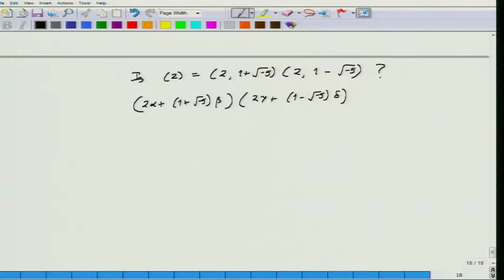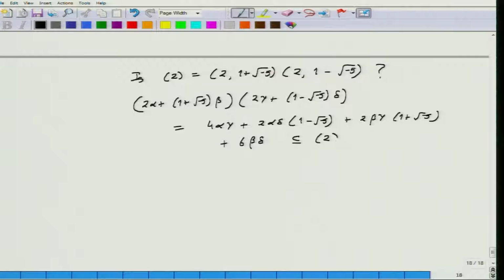Okay, and if you multiply this out, this equals 4 alpha gamma plus 2 alpha delta (1 minus square root of minus 5) plus 2 beta gamma (1 plus square root of minus 5) plus 6 beta delta, and this is in the principal ideal 2, because each term, if you see, is a multiple of 2.